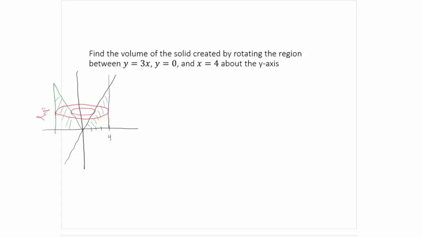My lower boundary is at y equals 0. My upper boundary, if x is equal to 4, then y would equal 12. My outer radius, well, if I look at this shape, the outer radius is always 4.